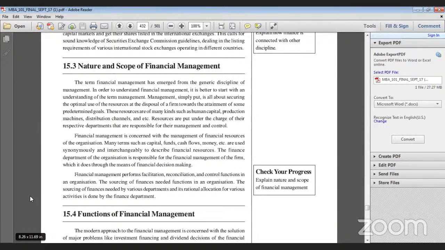These resources are of many kinds, such as human capital, production, machines, distribution and demand. The resources are put under the charge of their respective functions and their management control. So this is the nature and scope of financial management.